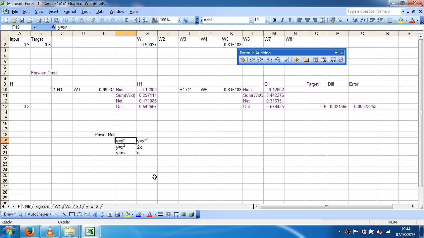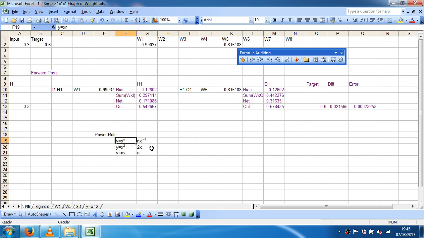The power rule states that if we have a formula y equals x to the n, then the derivative or the gradient of that equation is n times x to the n minus 1. I'm avoiding the complicated notation with deltas to keep things simple.